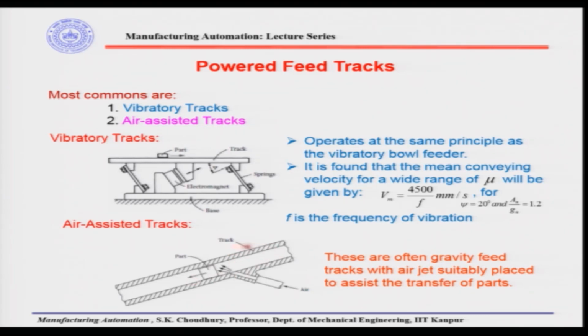This is a simple diagram. This is called the air assisted track, where we have a passage through which pressurized air from a compressor is passed, and it assists the parts to move along the feed track.